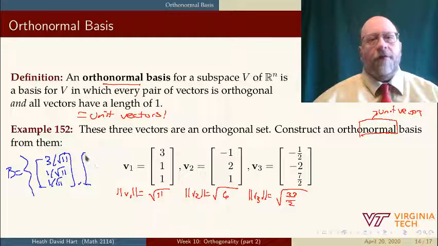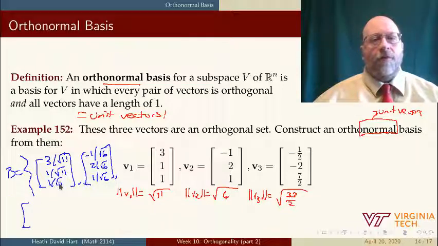The second vector is -1 over root 6, 2 over root 6, and 1 over root 6. And then the third vector is -1/2 divided by the square root of 33 halves.